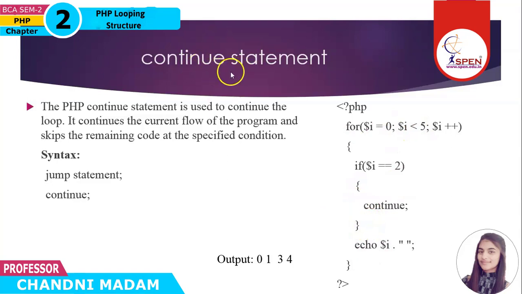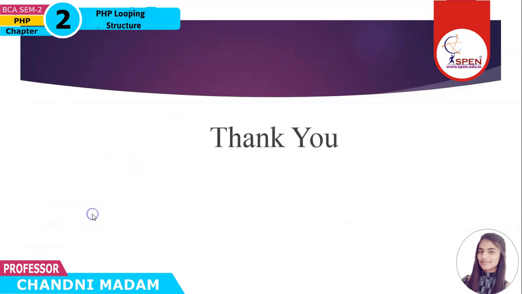So I hope you have understood the continue statement, and finally 3 and 4 are printed. So when continue comes, it skips the rest of the loop body and your controller goes to the beginning of the loop. I hope you have understood.